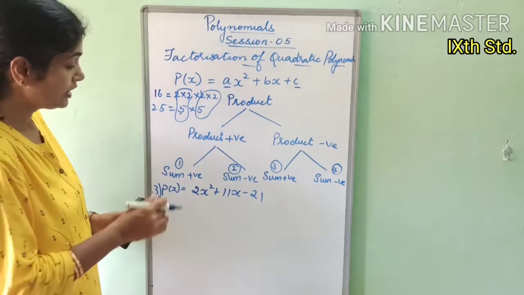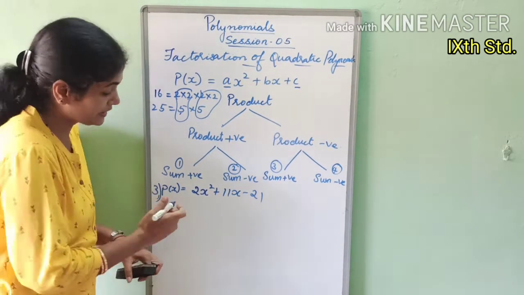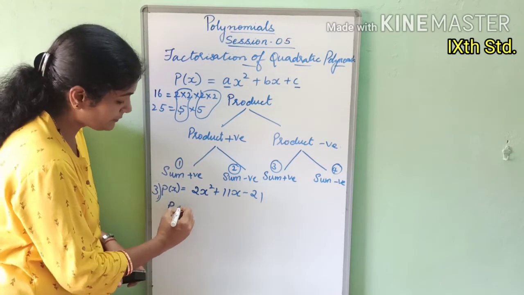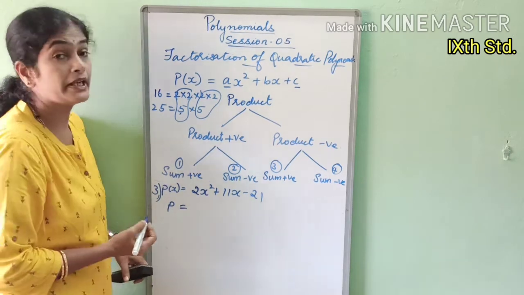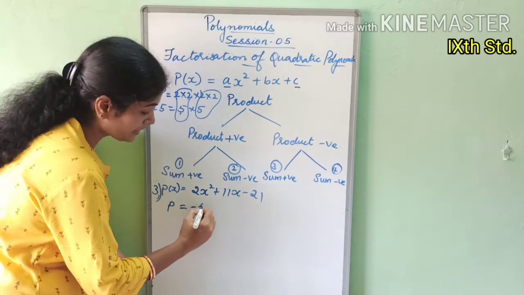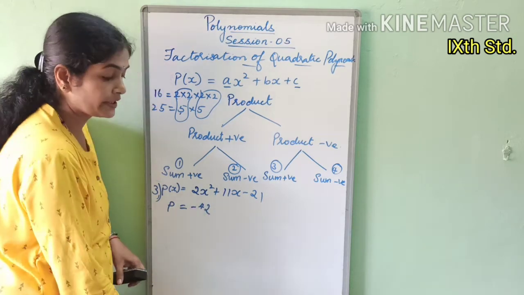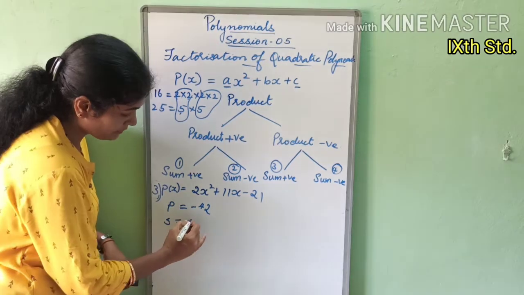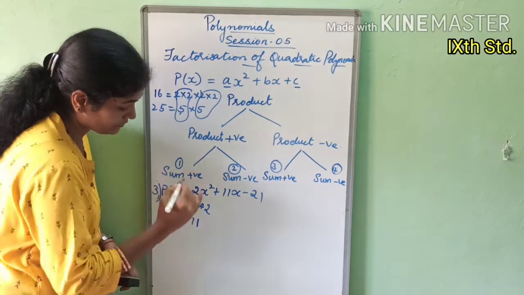Then again the same way, splitting the middle term itself. So product we will find out first. 2 into minus 21 is nothing but minus 42. Right? Then sum. Sum is 11.